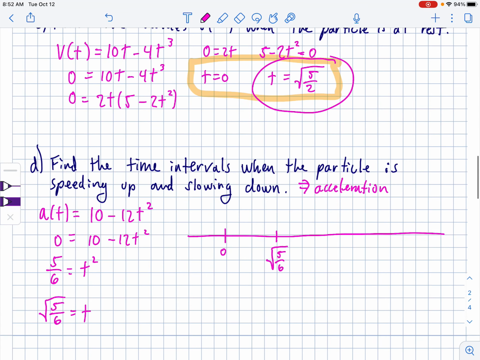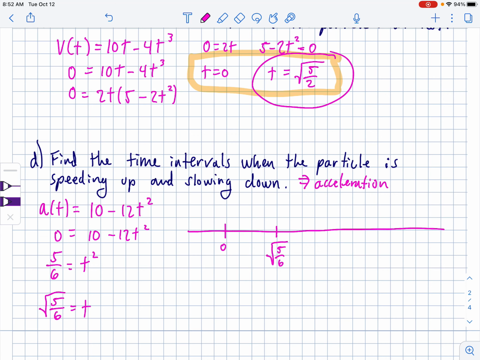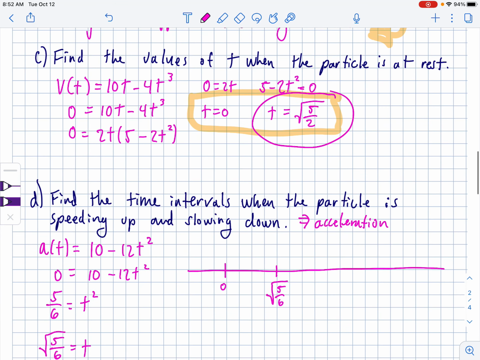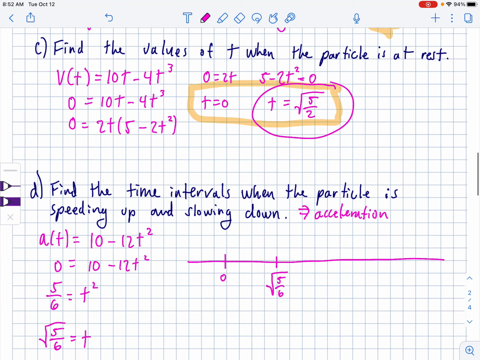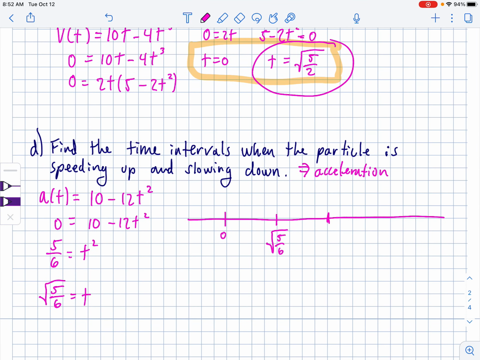But then we also have to include our answer from up here, the square root of 5 halves, because that's when it physically turns around. It's not just the acceleration turning around. So that is square root of 5 halves, which I'll just put right here, because I know square root of 5 halves is bigger than the square root of 5 sixths. You could turn them into decimals on your calculator to see that.